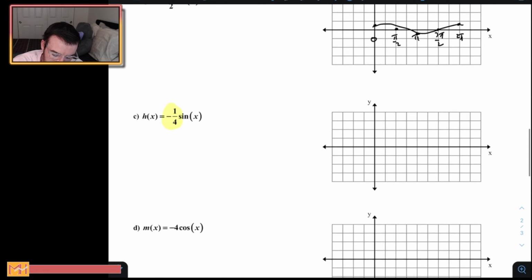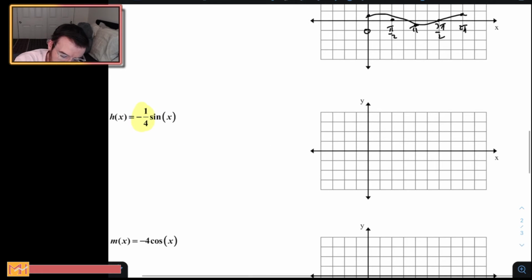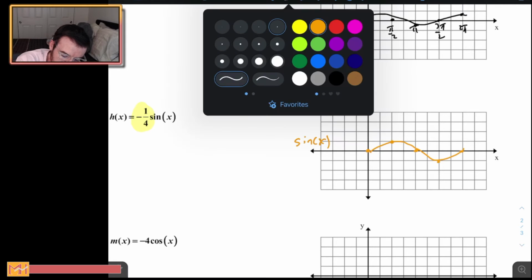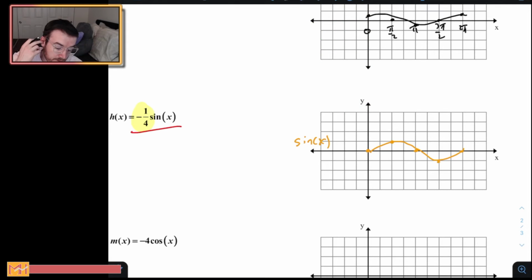So where the sine function typically goes 0 to 1 to 0 to -1 and then back to 0, it does this. That's what it typically does. Well, now it is flipped. So yes, it's going to start here, but we're going to go down at the start, and the 1/4 shrinks us, so we're not going to go down very far at all.